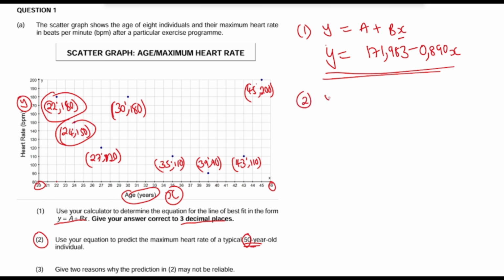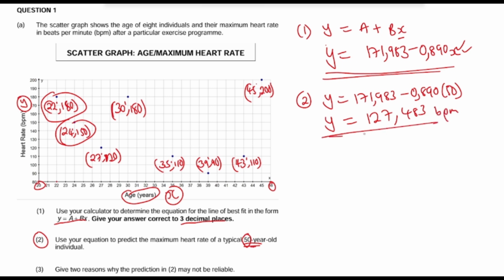It's going to be y is equal to 171.983 minus 0.890 times 50. We're using this equation. And then what do we get? y is equal to 127.483 beats per minute. Okay, that's what we get.